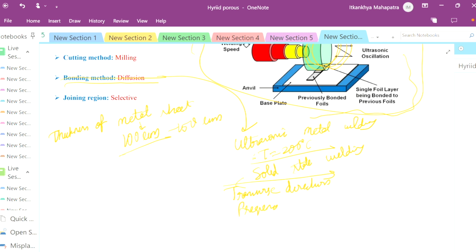Frequency is around 20 kilohertz. Amplitude is 5 to 40 micrometers, and the thickness of the metal sheet is 100 to 150 micrometers, and the ultrasonic welding happens by a solid state welding process. So these were the salient features for this topic.